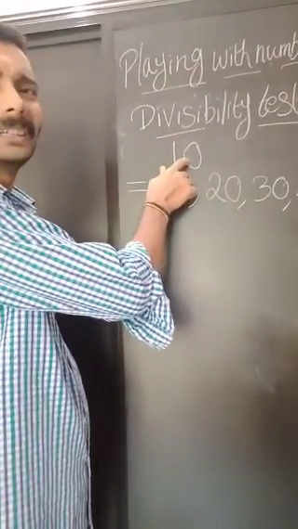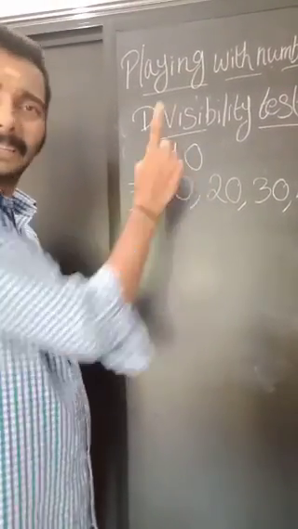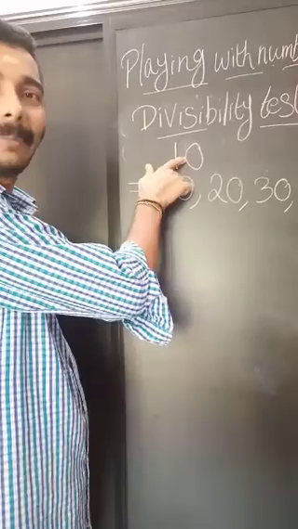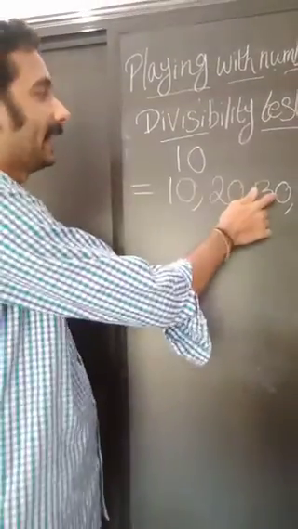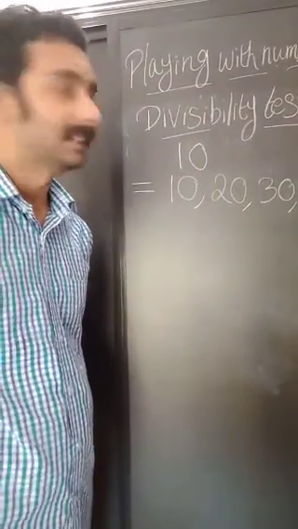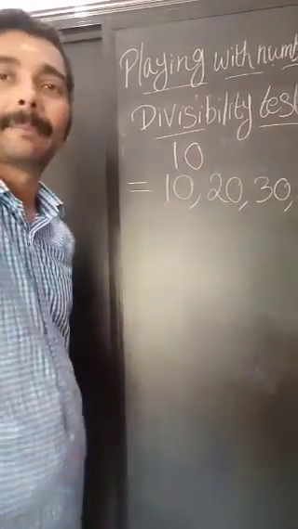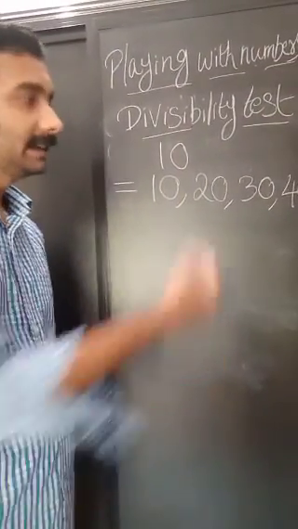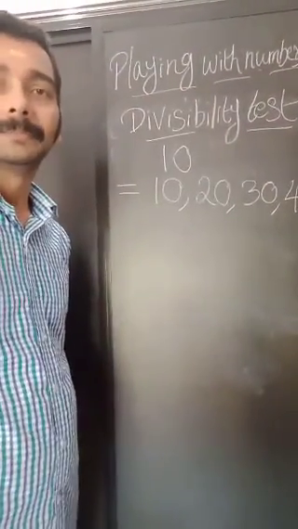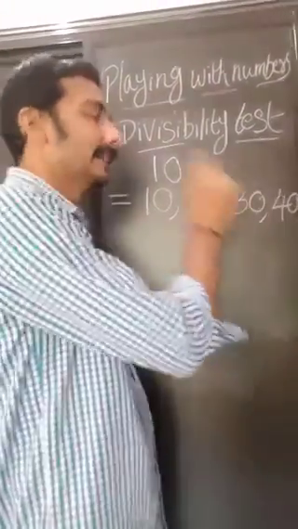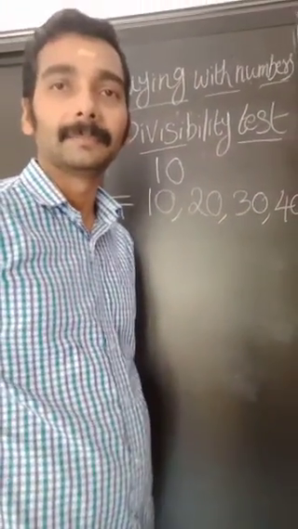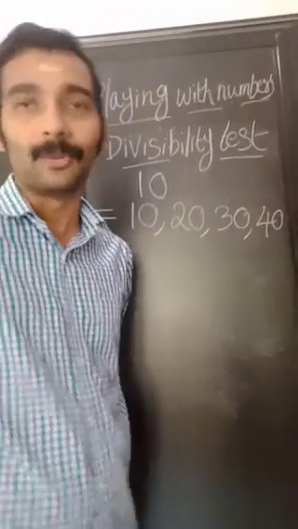Divisibility by 10 means 10 divided by 10 is 1, 20 divided by 10 is 2, 30 divided by 10 is 3, 40 divided by 10 is 4. It is divisible. Clear? It is just a rule.